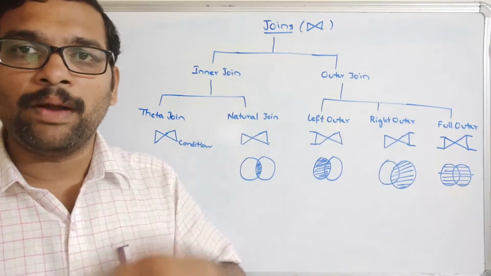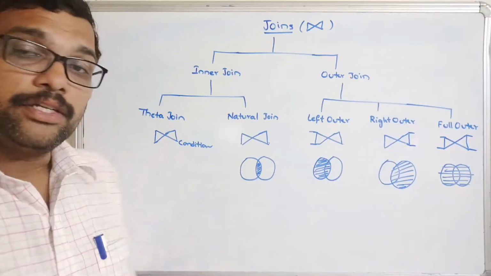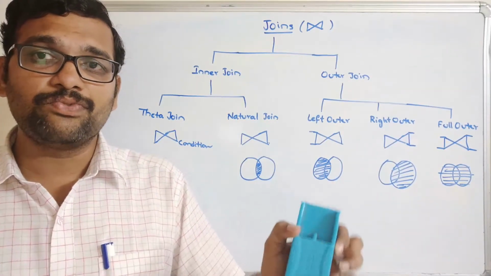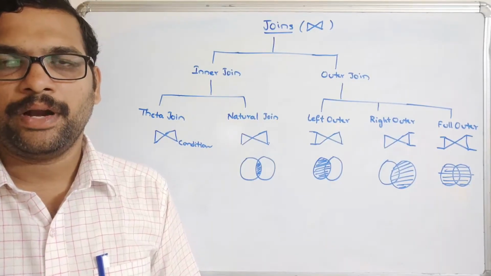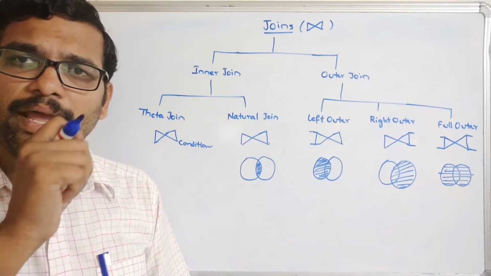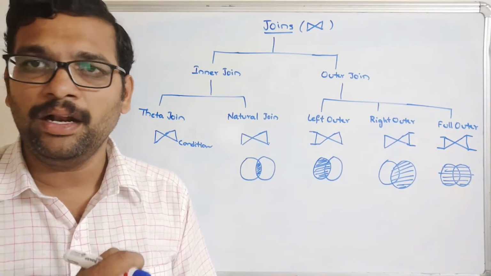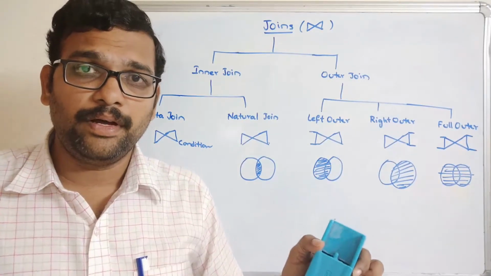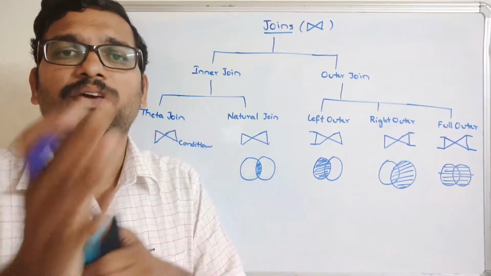Now we will see them one by one by taking an example, starting with the theta join. Here the two relations will be joined based upon a condition. We can give any relational operator, and we can compare two different attributes or one attribute with a value.